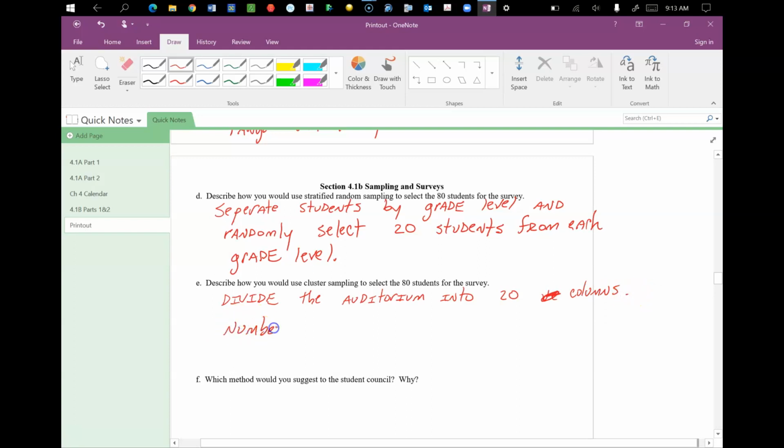Number each column 01 through 20, and randomly select two entire columns.